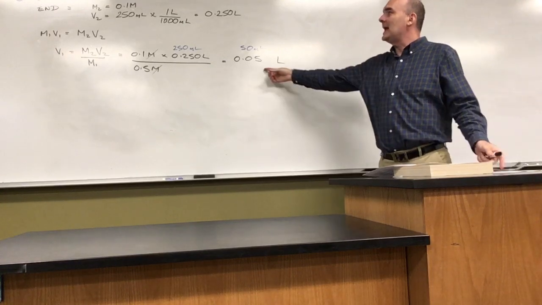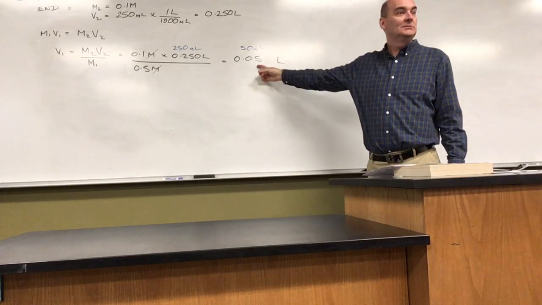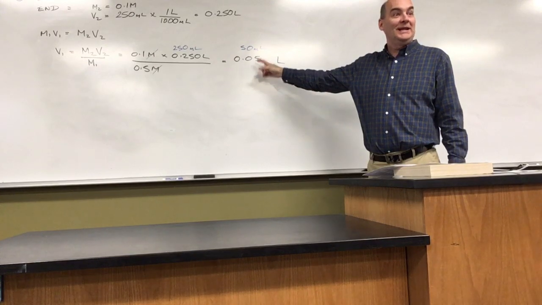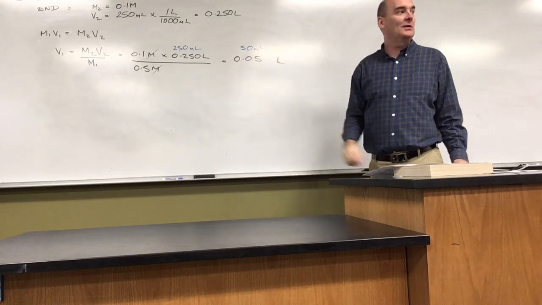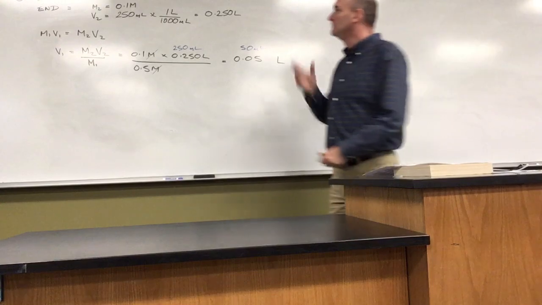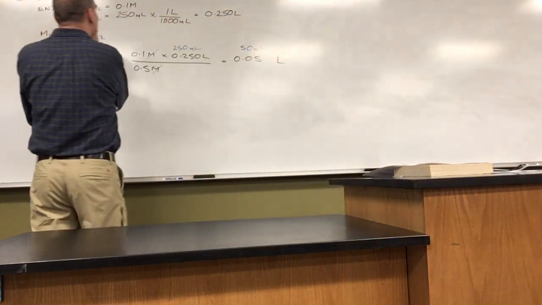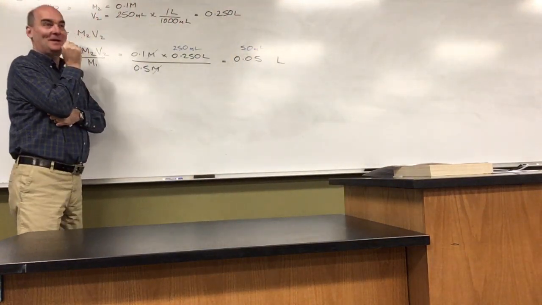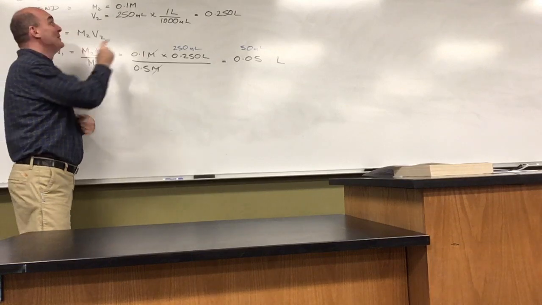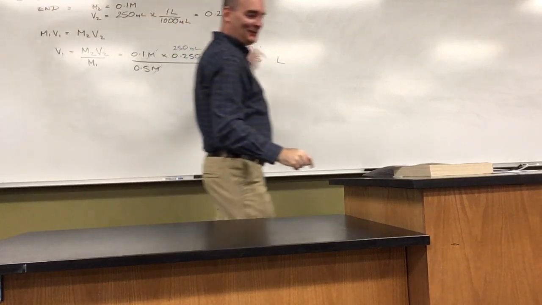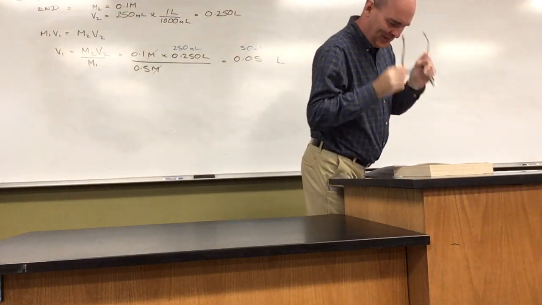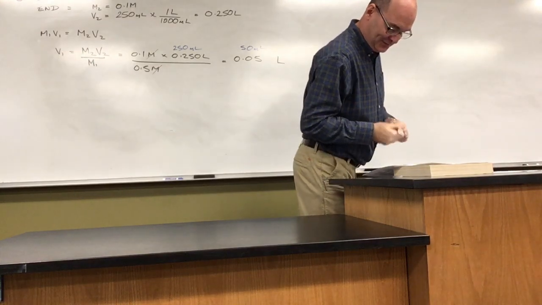Oh, is that my correct answer? Is 0.05 the correct answer? Yes. Well, I don't know, I have to go back and check. It is if it's the way I've written it down on the board, because no, it isn't.